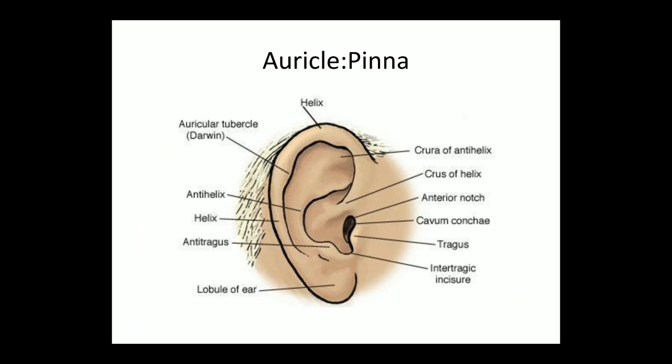The gap between the tragus and the helix is called the incisura terminalis. The endaural incision for the operation of the ear is made through this hiatus without incising the cartilage of the pinna. So this was the applied part of the auricle or pinna.